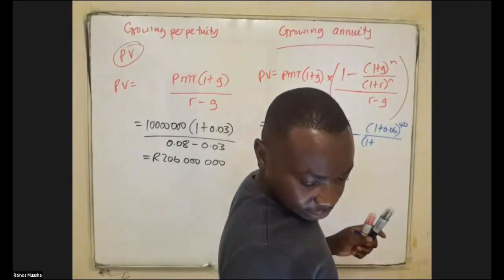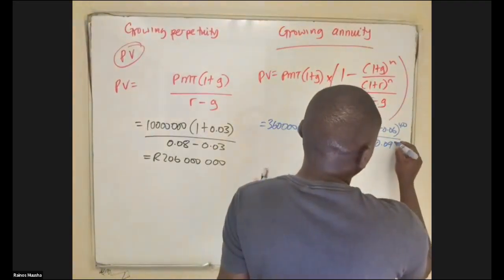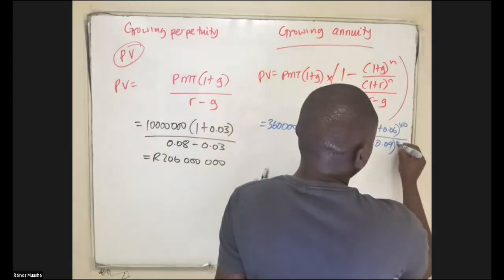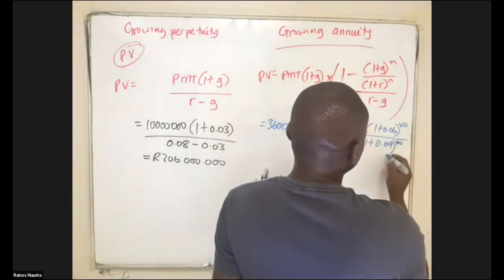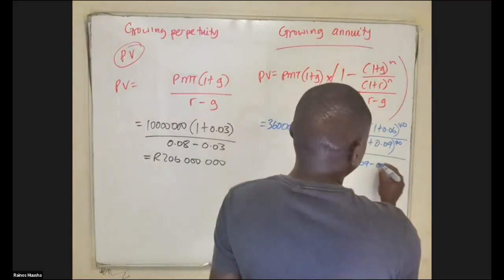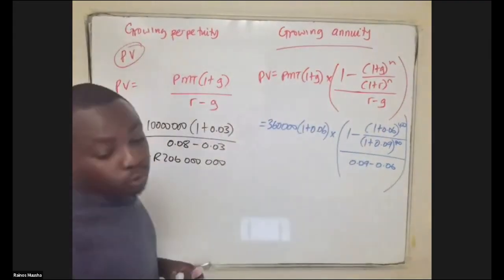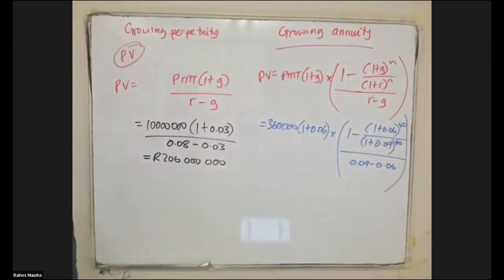On the question, they give us that the interest rate is 9% per year, which is the required rate of return. So it's 0.09 to the power of 40. Then all this is going to be divided by 0.09 minus 0.06. And this will give you the present value of a growing annuity.